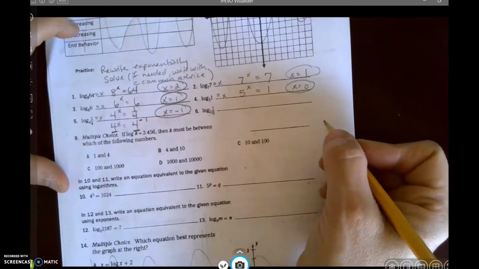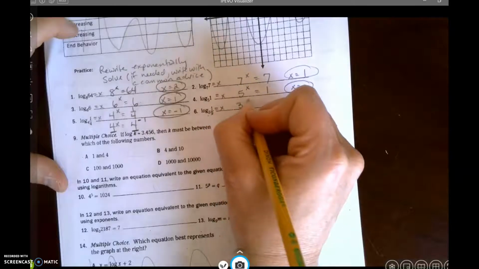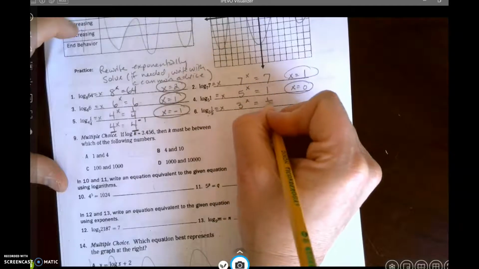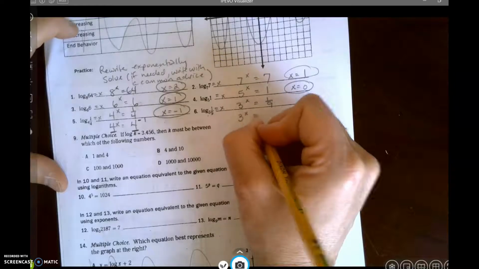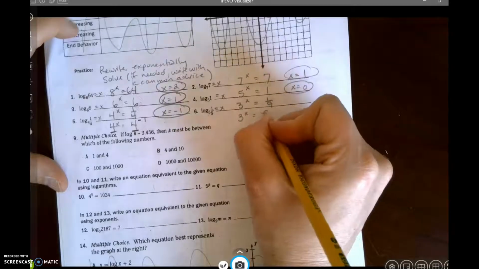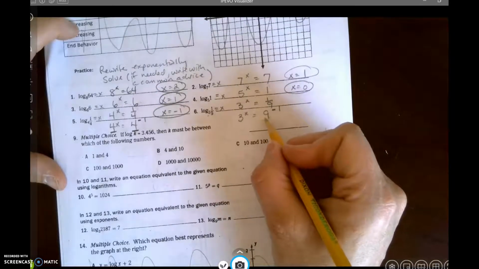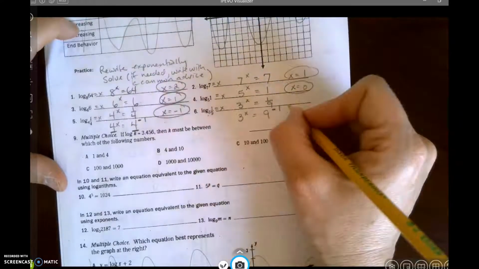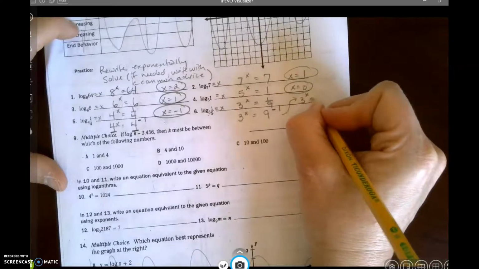Right, let's go to number 6. 3 to the x equals 1/9. So I'm going to move that 9 up into the numerator, 9 to the -1st. I'm going to write this with a base of 3. So 3 to the x equals 3 squared to the -1.